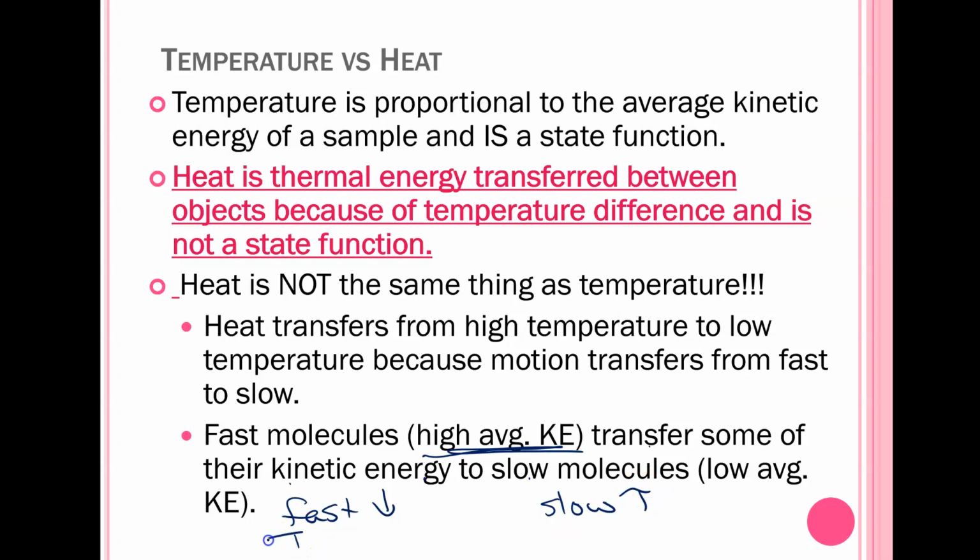What that means is the temperature here goes down, because speed, kinetic energy, and temperature are all related, and the temperature here goes up. It's never that slowness transfers to fastness. It never works like that. It's always the fast molecules transfer energy to the slow ones.